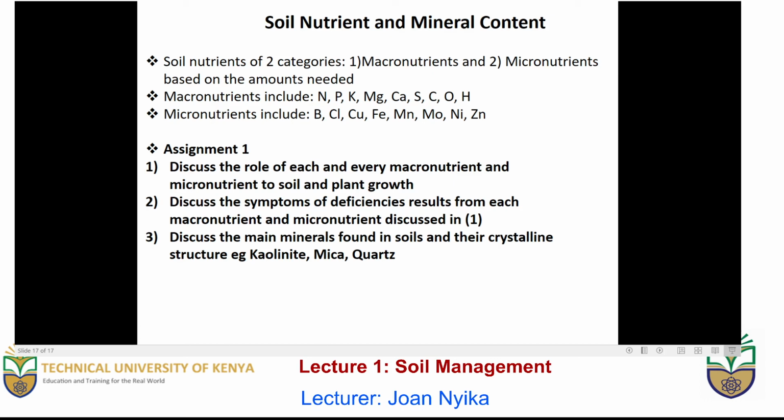Lastly, we look at the soil nutrients and mineral content. This is what defines a soil. From basic biology, we know that a soil has both macronutrients and micronutrients. Macronutrients are those required in high amounts, while micronutrients are those required in small amounts.